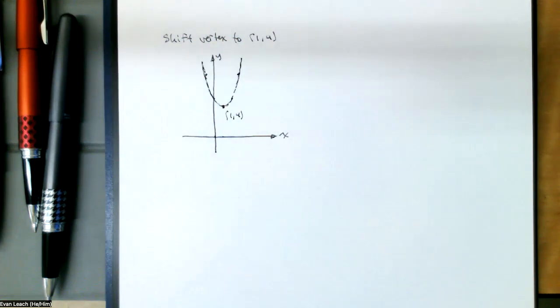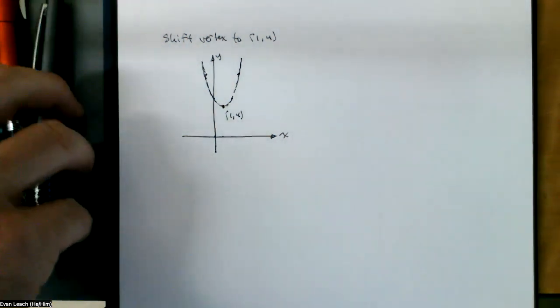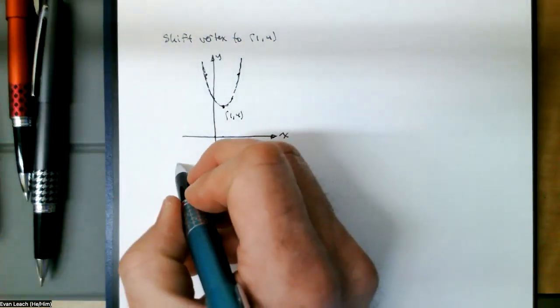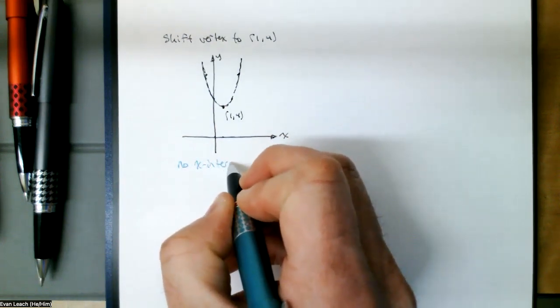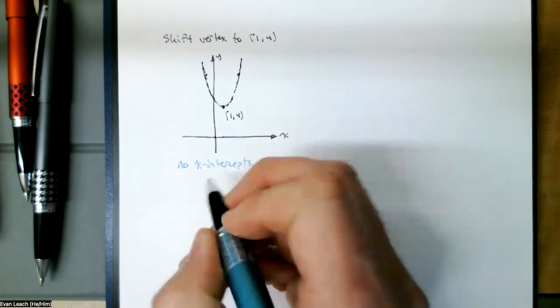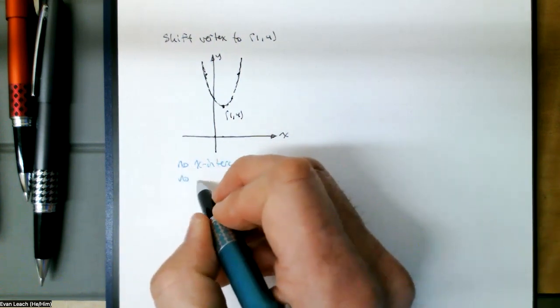I'm going to shift the vertex over to 1, 4. We can still see by the graph that we're not going to have any x-intercepts, so we're not going to have any real solutions.